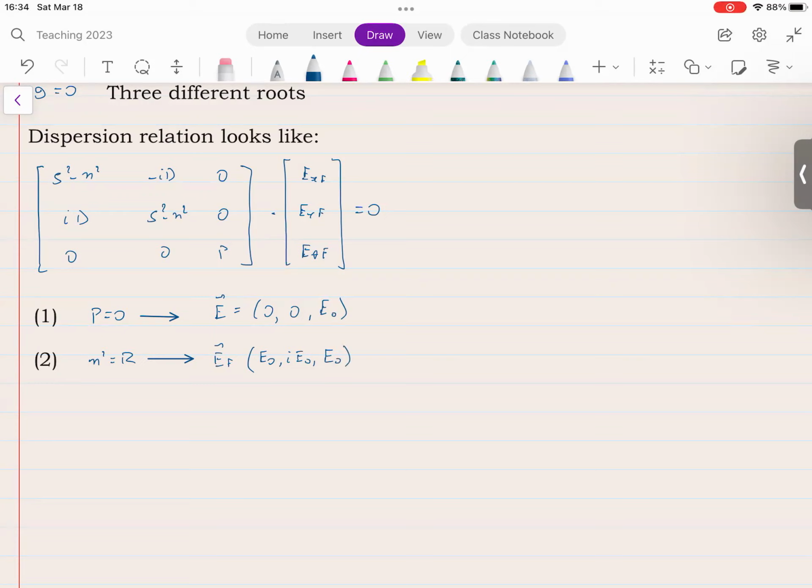And the third case is analogous, just with a minus sign for the imaginary piece for the y component. And in this case, n squared is equal to L, and therefore E, there is a missing equal sign here, E is going to be equal to E0 minus I E0 and E0. Okay.